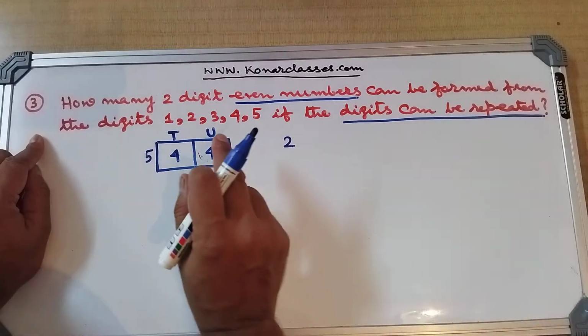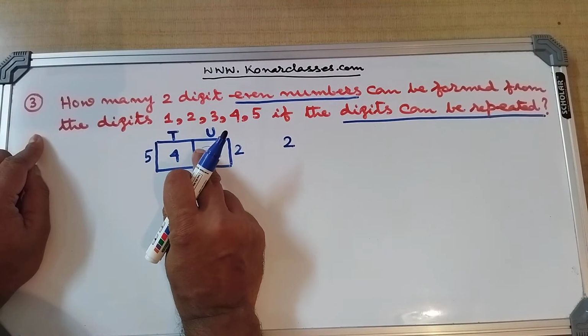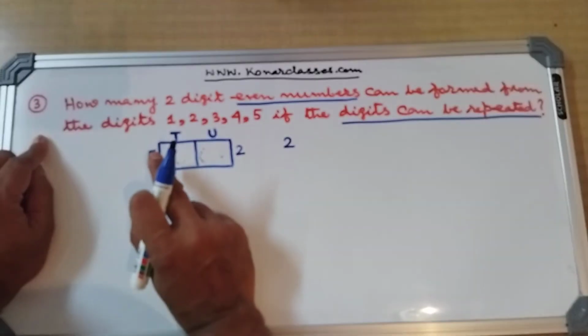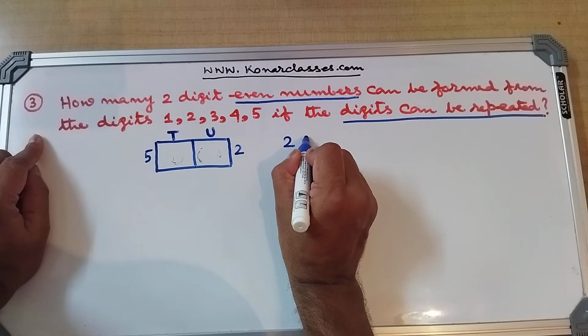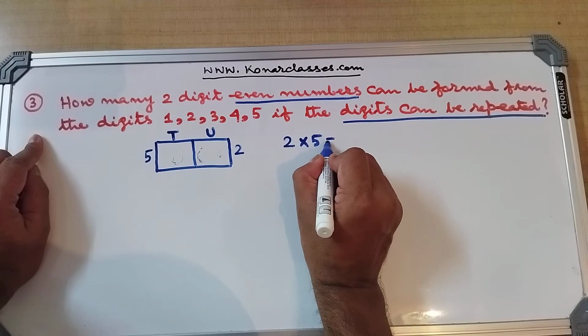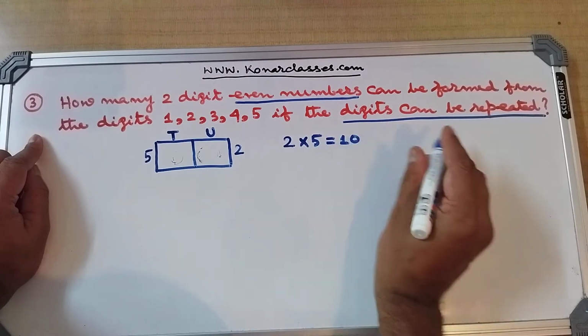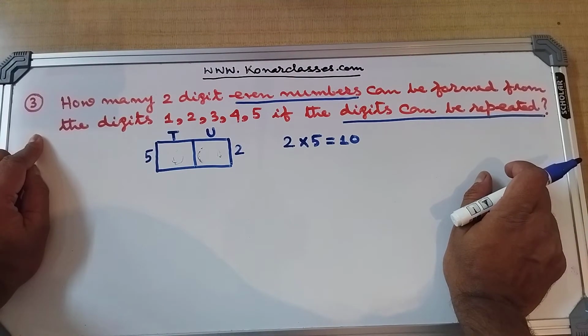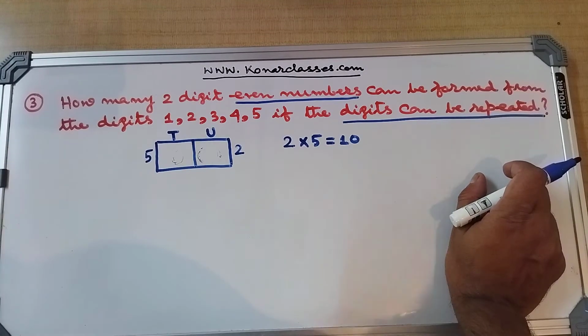So the required number is 2 into 5, that is equal to 10. I hope you got a very clear idea, dear students. And this is also an application of the principle of counting, specifically the principle of multiplication.